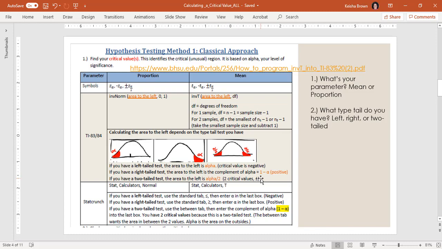And you're going to have two critical values, a positive one and a negative one. In StatCrunch, if it's a left-tailed or right-tailed test, you change your inequality signs on the standard tab. If it's a two-tailed test, you switch over to the between tab, and then you enter the complement of your level of significance. You enter in 1 minus alpha into that very last box.